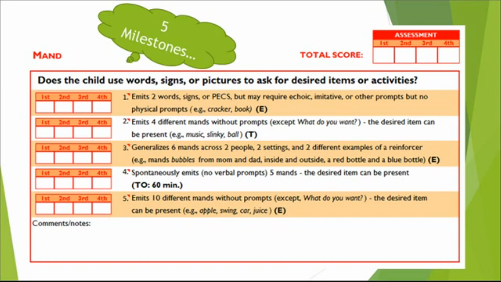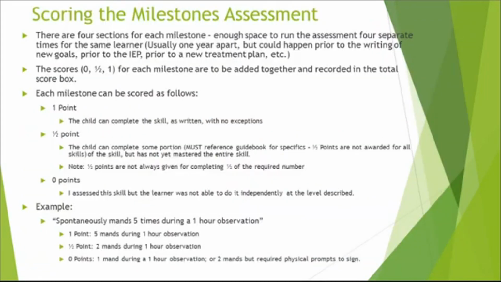So maybe mom has to hold up the cracker and say, do you want that? And the child will say cracker. Or maybe dad has to hold up a book and present the American Sign Language sign for book, and the child will imitate that sign to ask for the book.